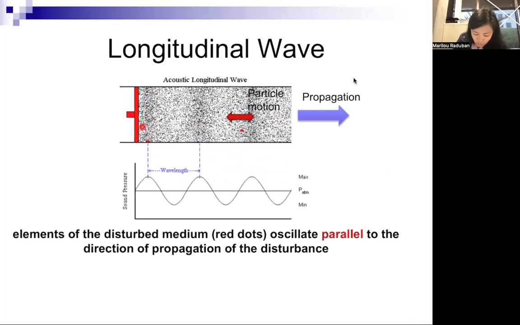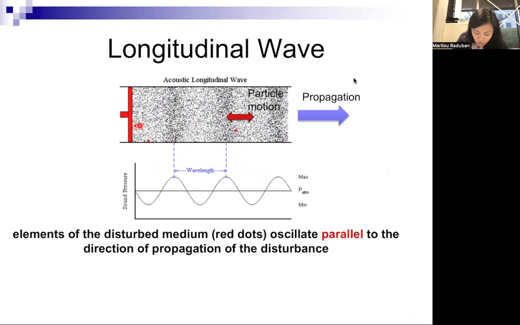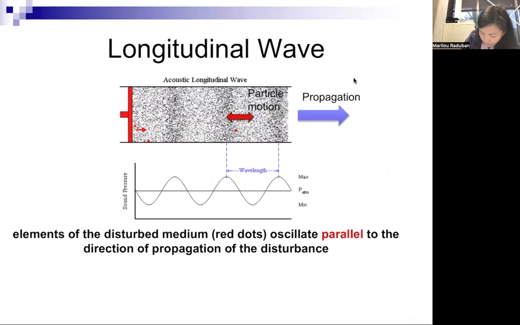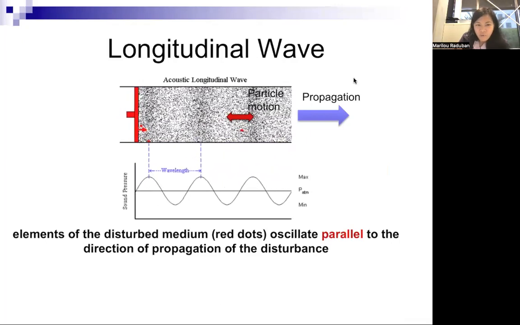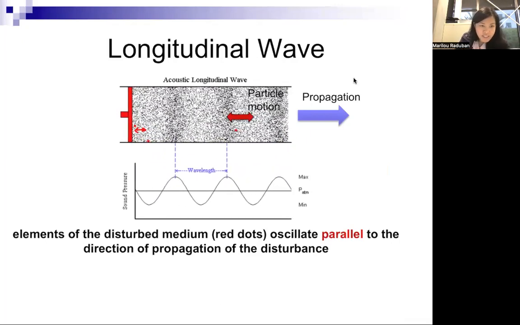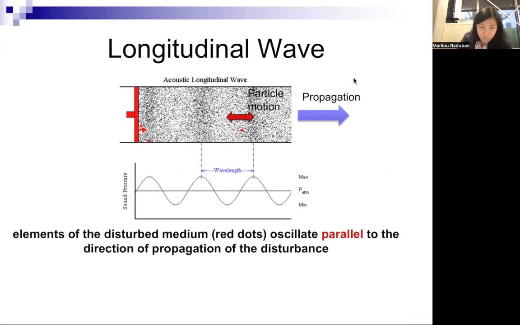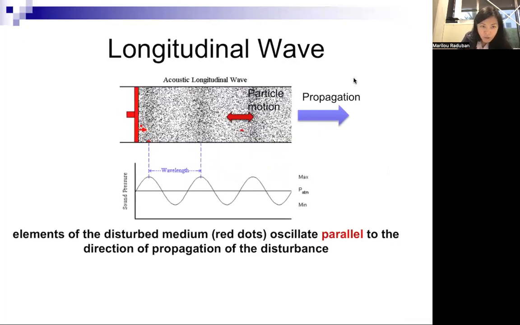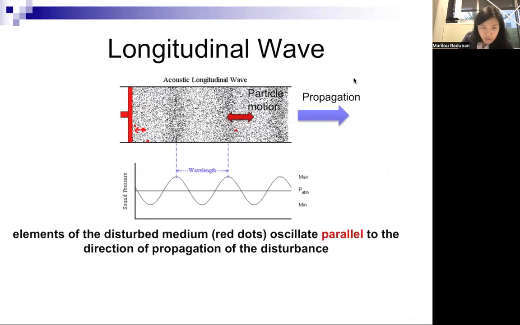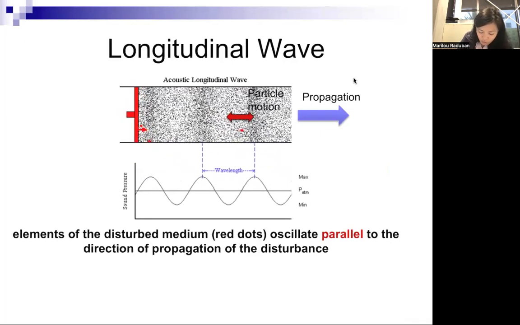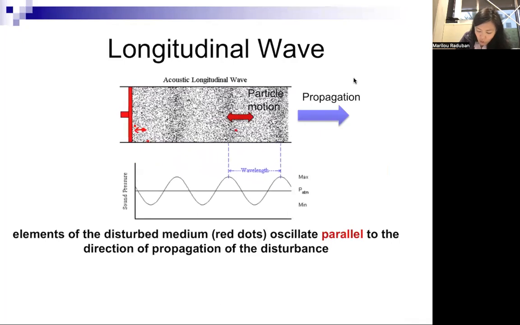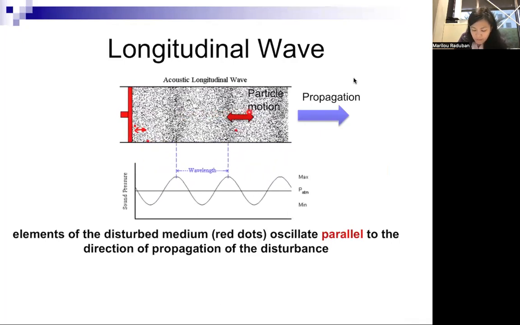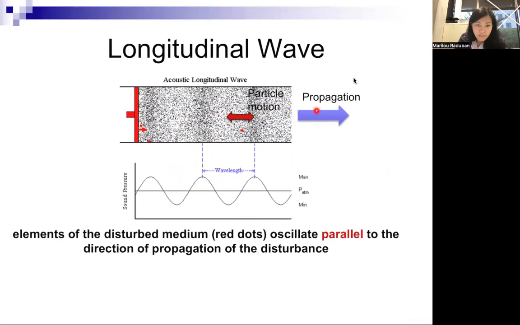Notice how the red dots, the particles, are just oscillating to and fro. They're not moving large distances. They're staying put, just oscillating about their equilibrium position, whereas the wave, the disturbance, is propagating to the right.